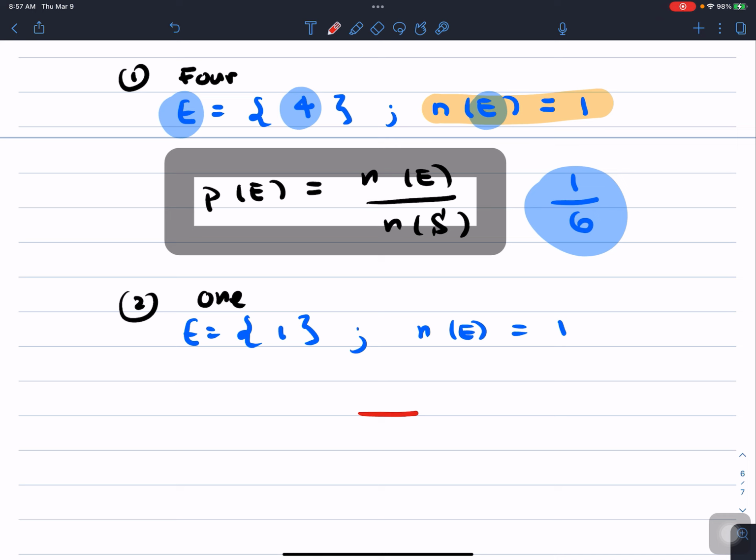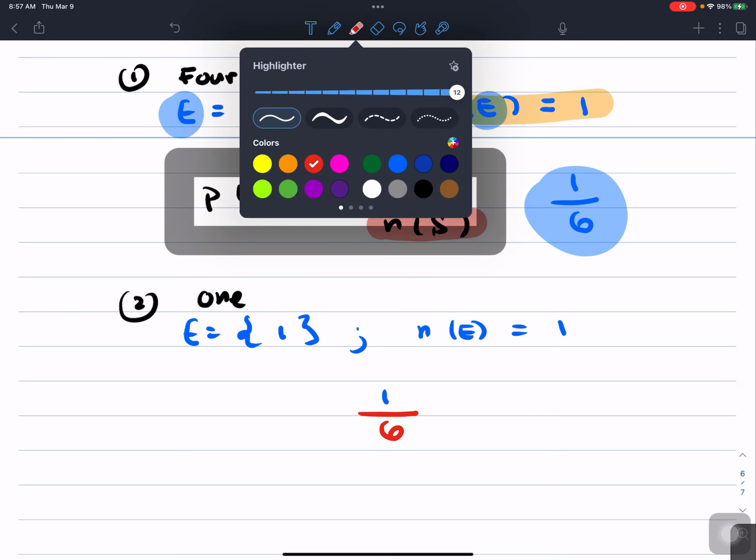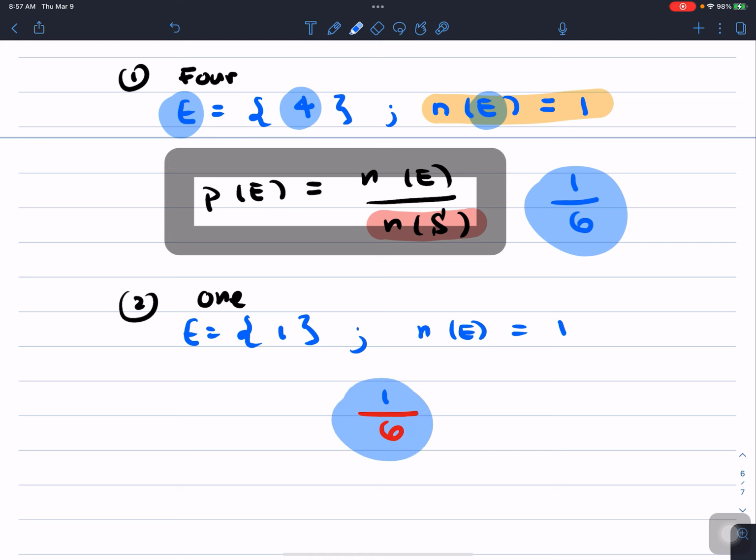What goes in the denominator again? 6. There's 6 outcomes in the sample space. How many outcomes consist of the 1? 1. There you go, ladies and gentlemen. Now you're done. So the chance you roll a 1 is 1/6, because there's 1 out of the 6 outcomes. Does that make any sense?